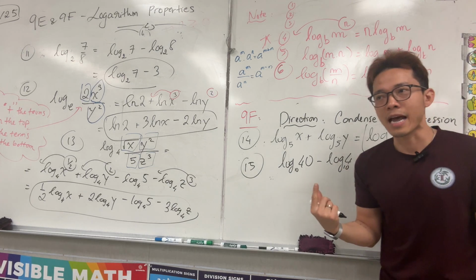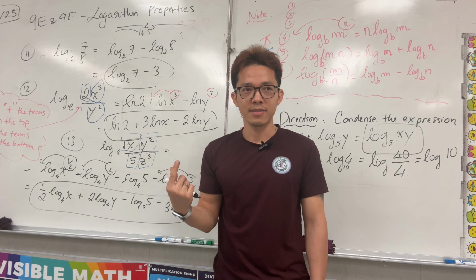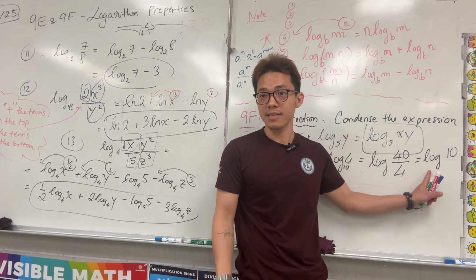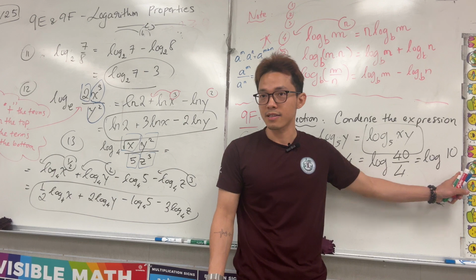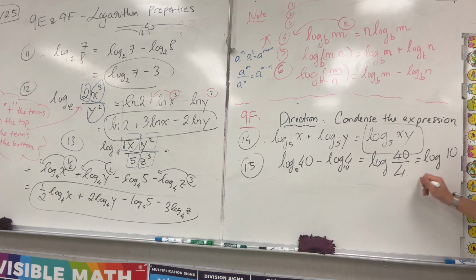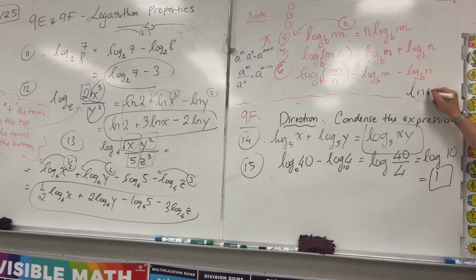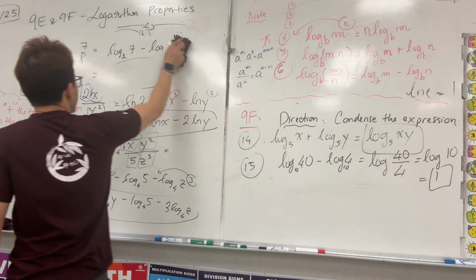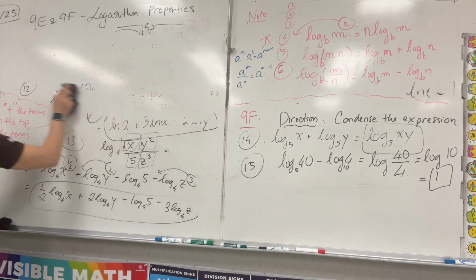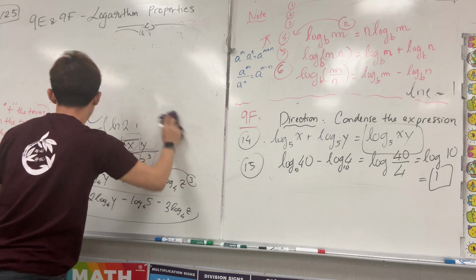It's 1, because log is log base 10. Log base 10 of 10 is 1. What is ln e? It's 1, because ln means log base e.